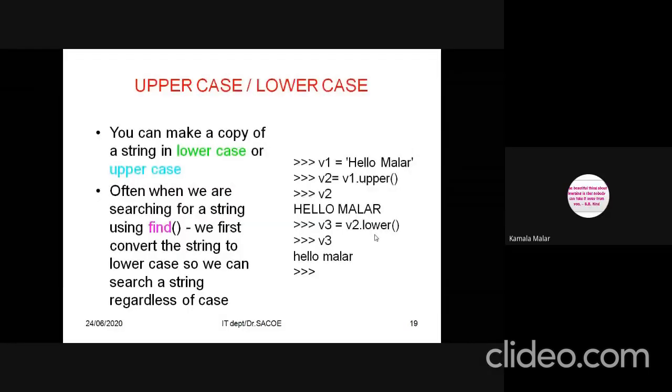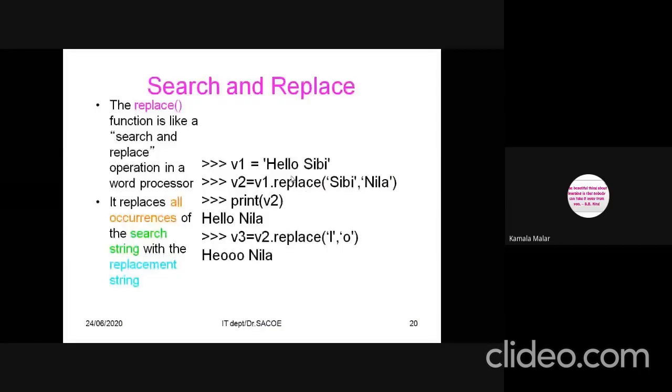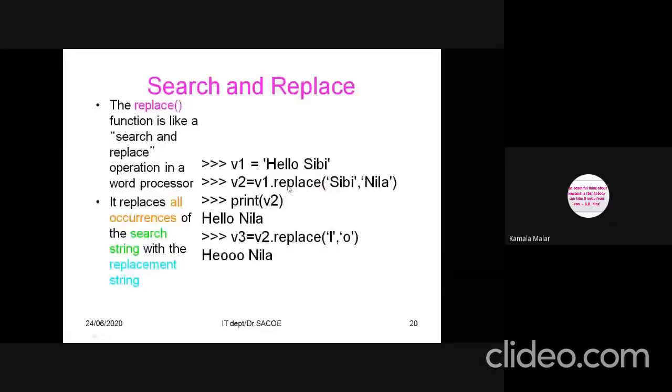Next, search and replace. If you want to search for a substring in a string, I can do it using the built-in replace. If you want to search and replace, for example, if I have the string value hello CB and want to replace CB with Nila, I can use the built-in method replace.